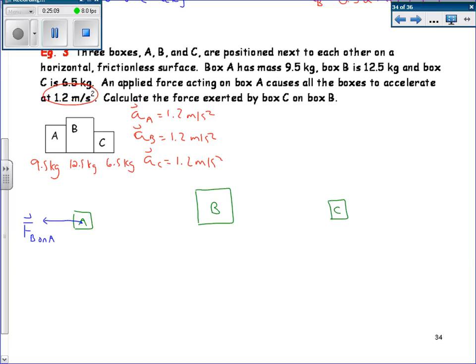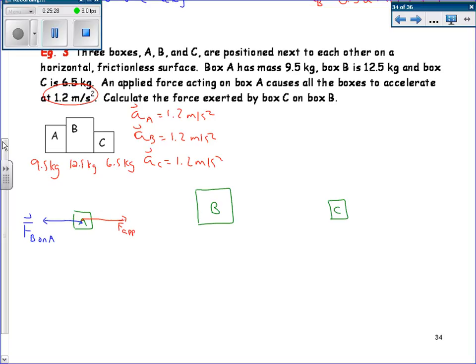So B would have 2 forces? Yes, B is going to have 2 forces. Now, in actual fact, A has 2 forces too, because it does have an applied force acting forward on it, but we don't have to cope with that right now.